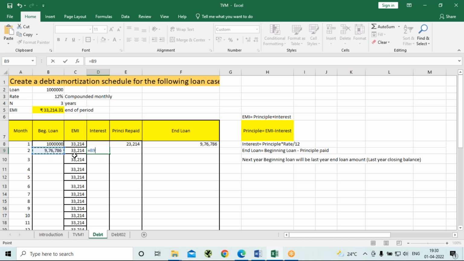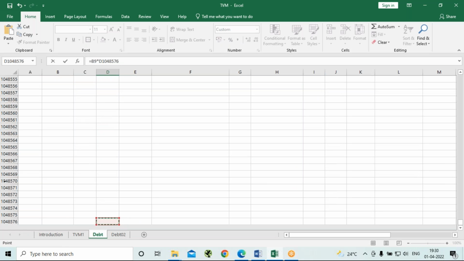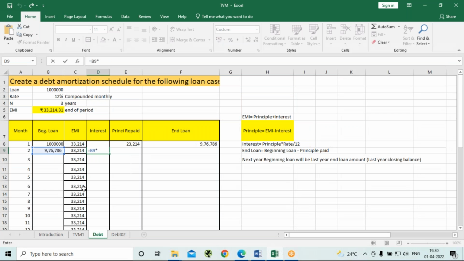It should be calculated on that year's opening balance, then into 12%, divided by 12.